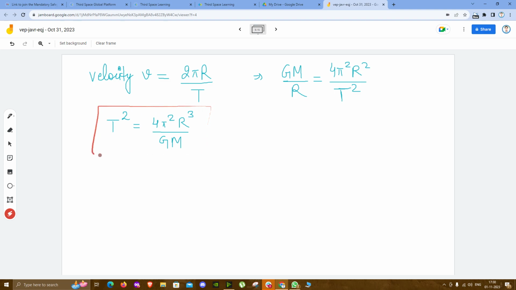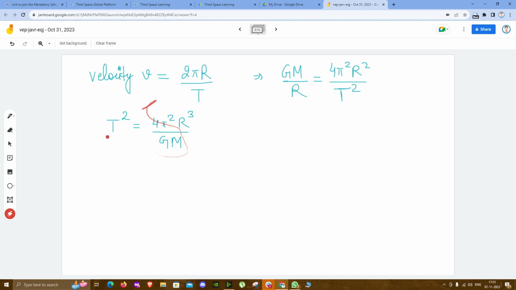Now let's talk about something here. You have to keep this in mind. I will give you some assignments and numericals. If you have to find out the time period of a planet around the sun, you can apply this formula if you know the value of G, the mass of the sun, and the distance between the sun and the planet. But as you can see here, 4 is a constant, pi is a constant, the universal constant G is a constant, and the mass of the sun is a constant for our sun. So this whole value is actually a constant, isn't it?